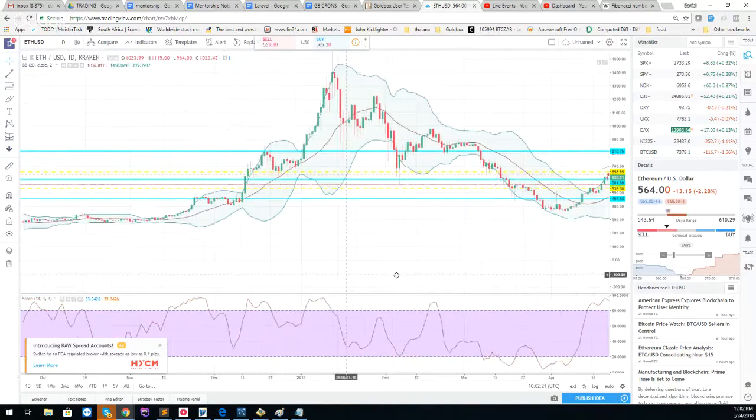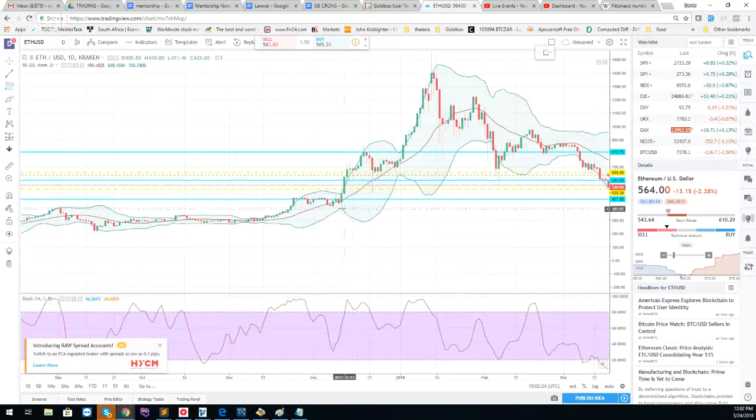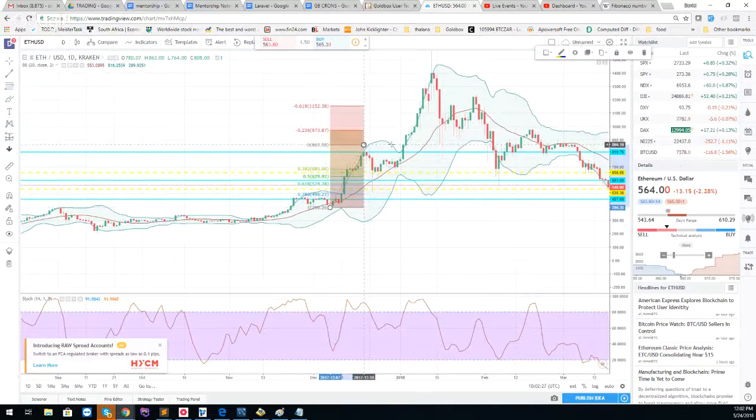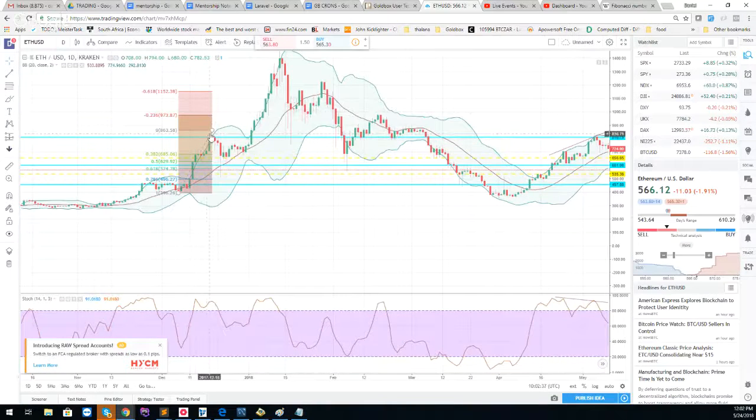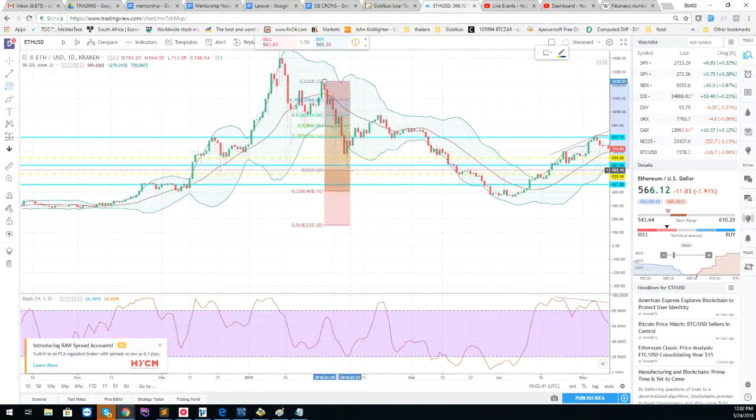If we look at here, let's go pull back to there. That is a 61, and it almost hit the 78%. If we go from there to there, that was 61 on the nose, literally on the line, and then the market moved on.